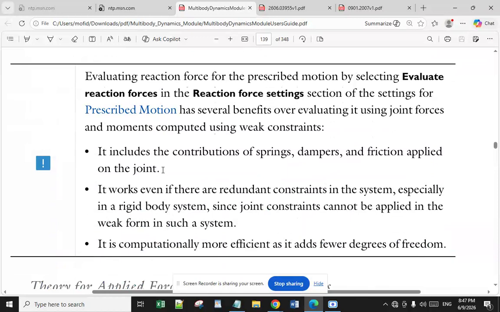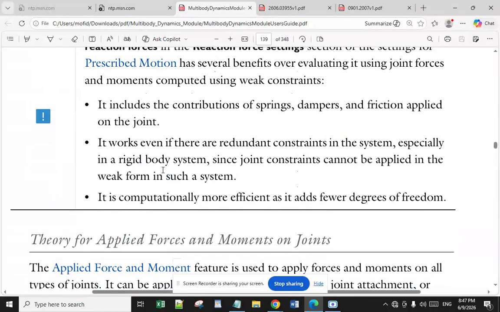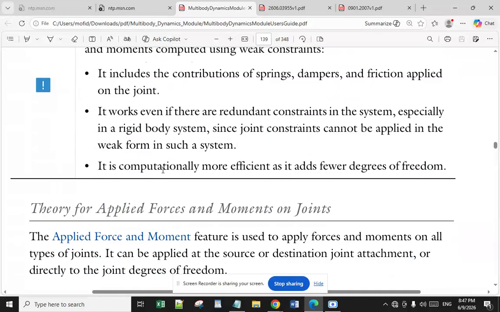The first one is that it includes the contributions of springs, dampers, and frictions applied on the joint. It works even if there are redundant constraints in the system, especially in a rigid body system, since joint constraints can be applied in the weak form in such a system. It is computationally more efficient as it adds fewer degrees of freedom.